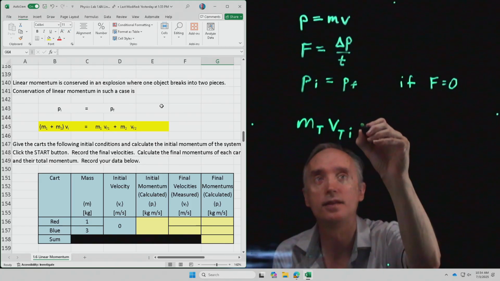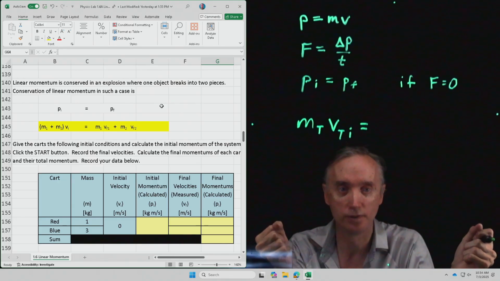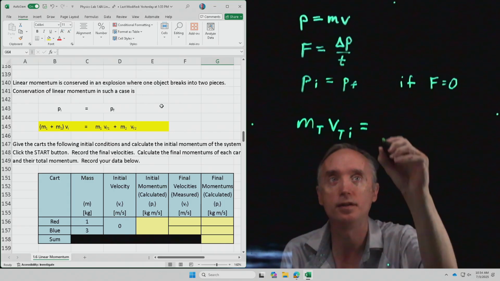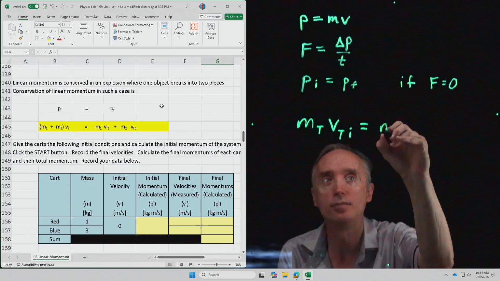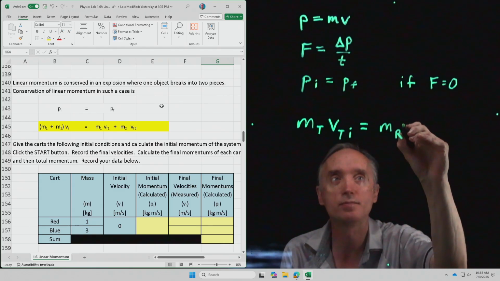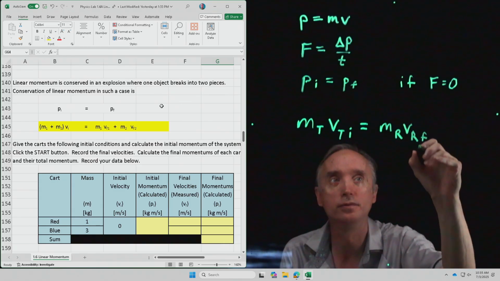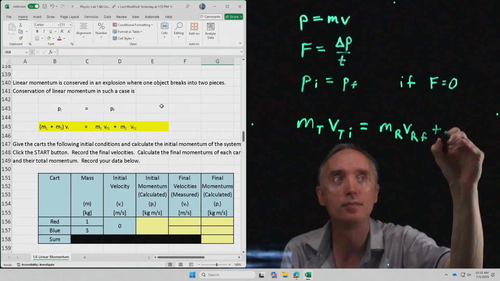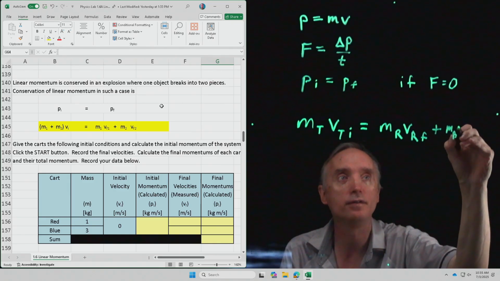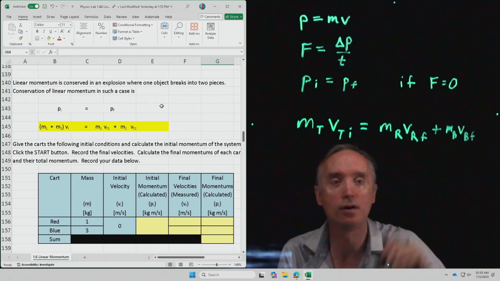Then that's going to equal, now it's blown apart into two pieces, so now we have two momentums. We're going to have the mass of the red car times the final speed of the red car, plus the mass of the blue car times the final speed of the blue car.